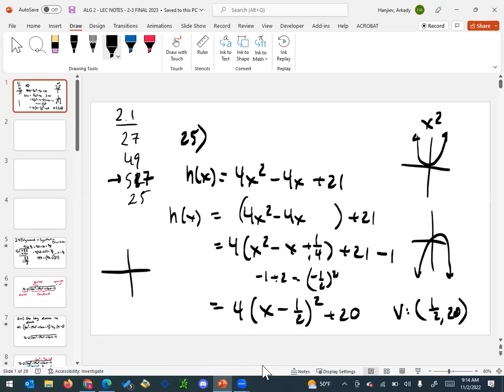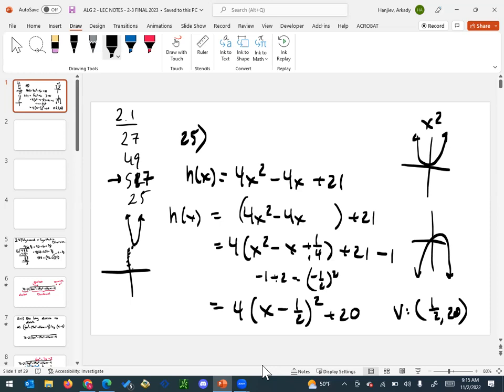Graphing this would be 1/2 here, and then all the way up to 20. So we're just going to make a graph like this. As long as it's in the same region that it needs to be, it's very steep. There it is. So there's that one.